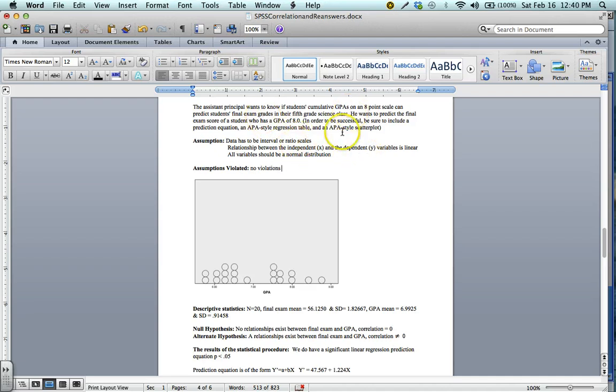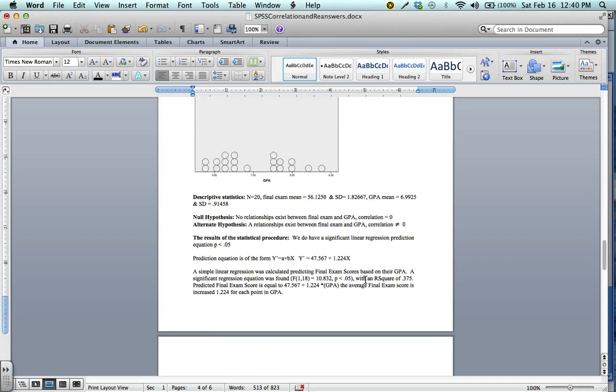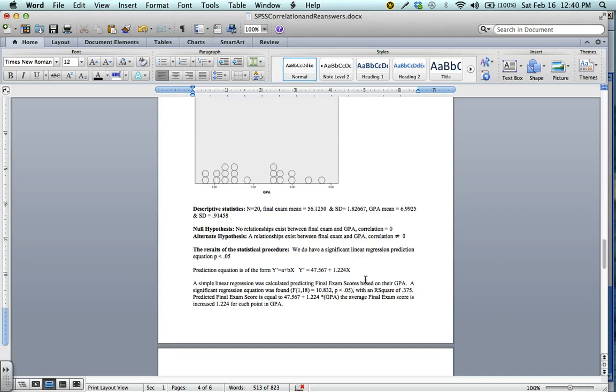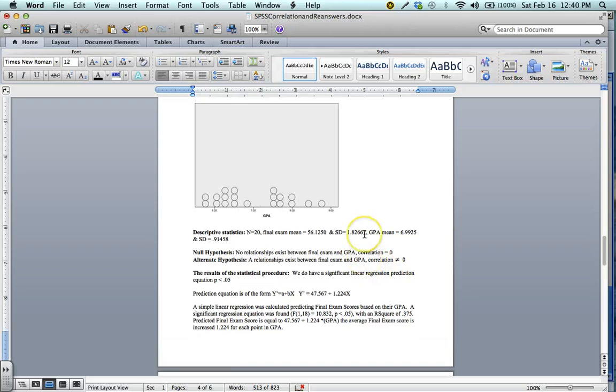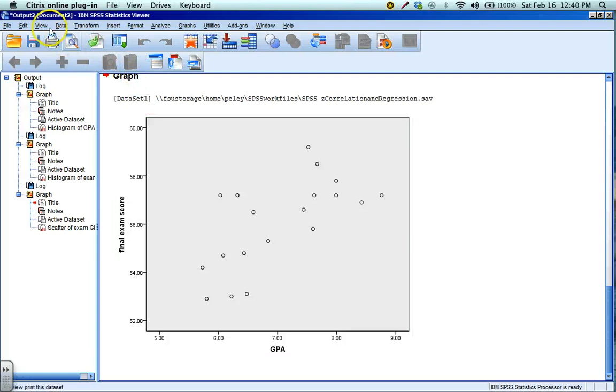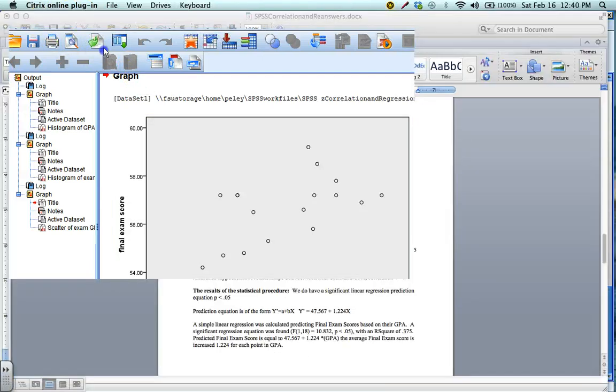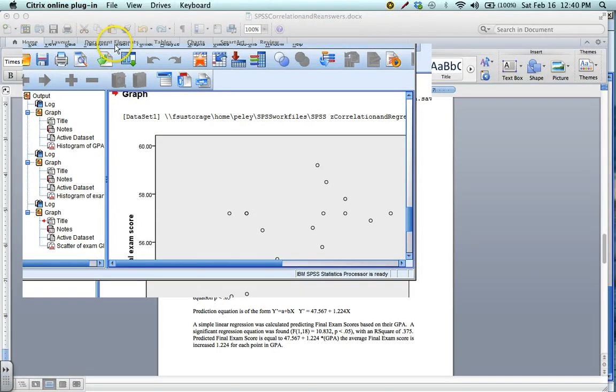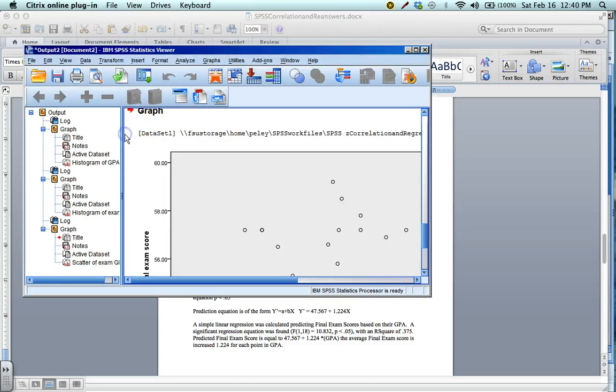Our x here is the GPA, and our y here would be the student's final exam score in their science class. The next step is to get some descriptive statistics. I have some of the descriptors here, but before I got that far, I'm going to show you how I actually got there. We actually have to do some calculations here. So let me go back to SPSS here.